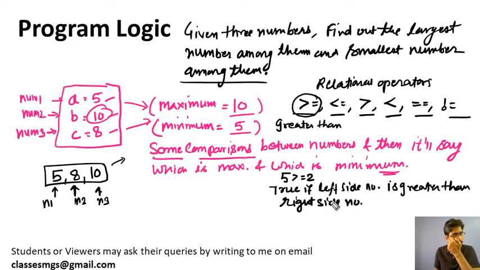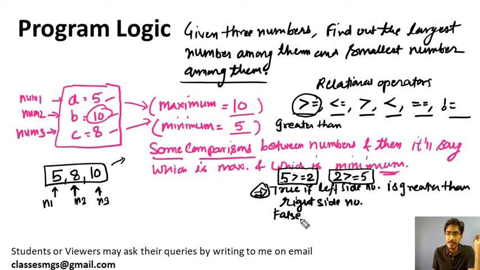I think you have already done this in the operators chapter, which you covered in theory classes, so you should know this, otherwise it will be difficult. And when will it return false? For 2 greater than or equal to 5, in this case it will return false.